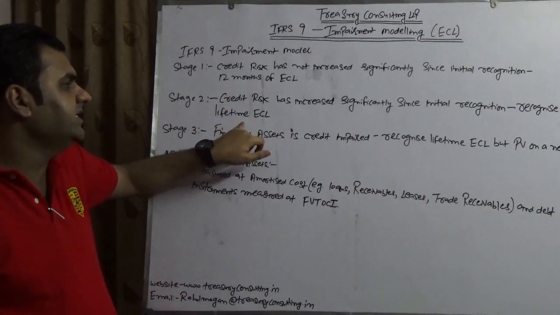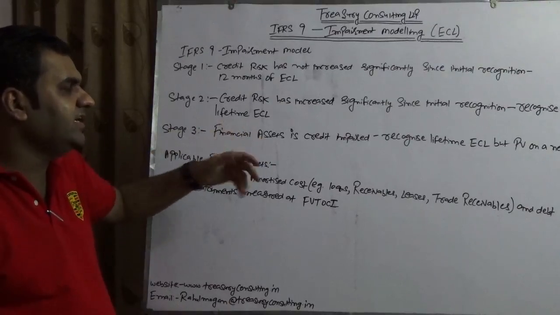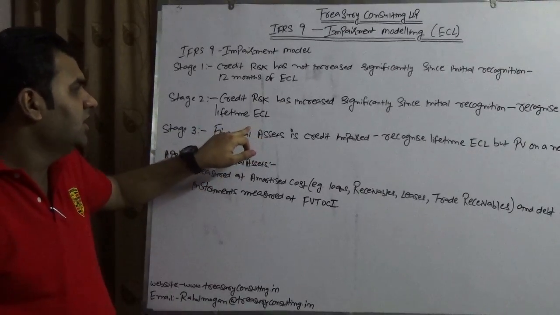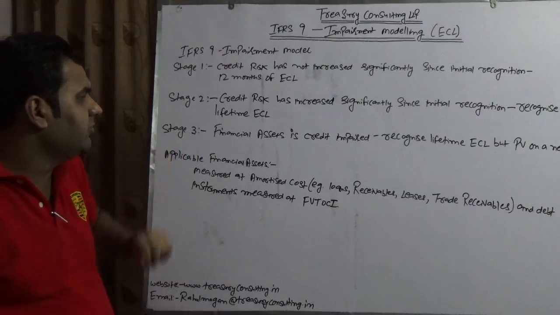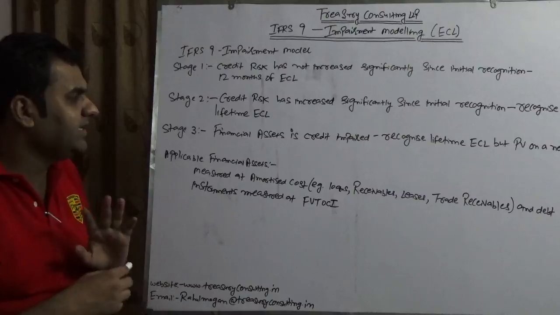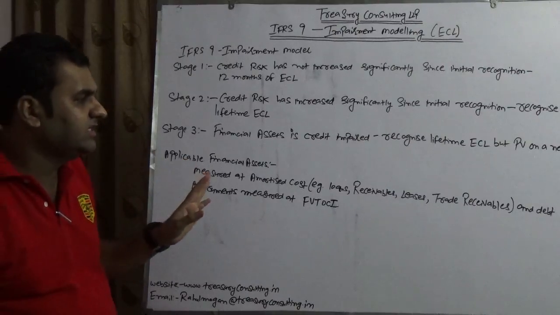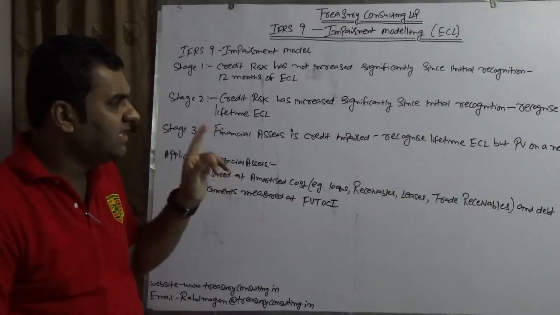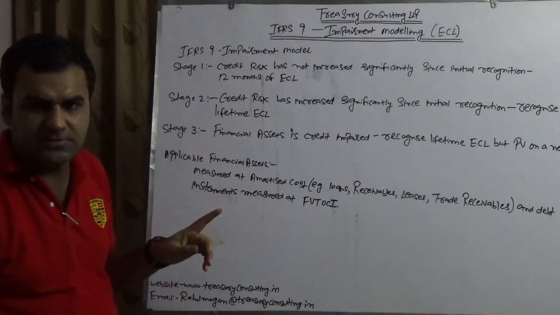Stage two: credit risk has increased significantly since initial recognition, so you have to recognize lifetime ECL. Stage three: the financial asset is completely credit impaired, and you have to recognize ECL on a present value basis.